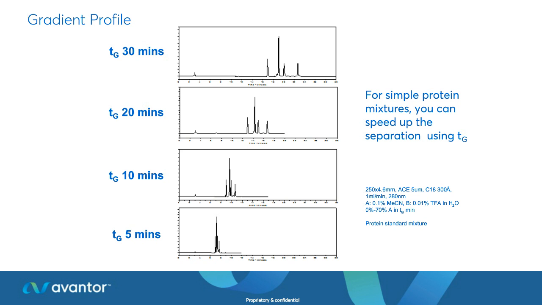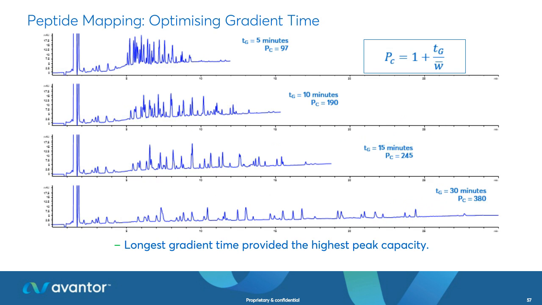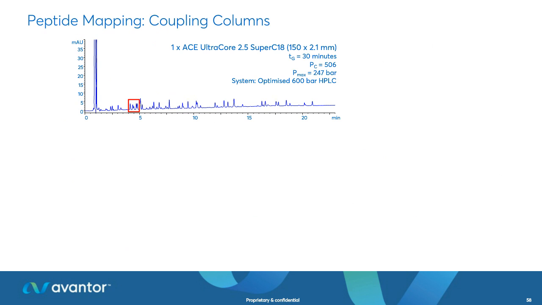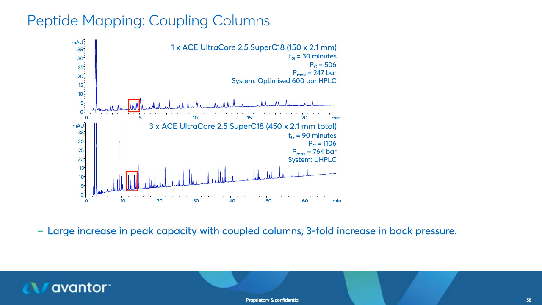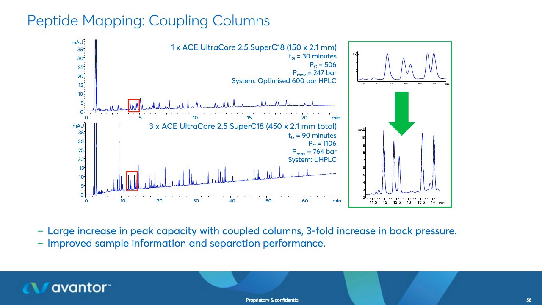In fact, for peptide mapping, flattening it here, you can see to 30 minutes gave us the highest peak capacity. So it does really help to improve your separation. And if you want to go even further, you can couple columns together. So longer columns give you a better separation too. But what you pay with is time.